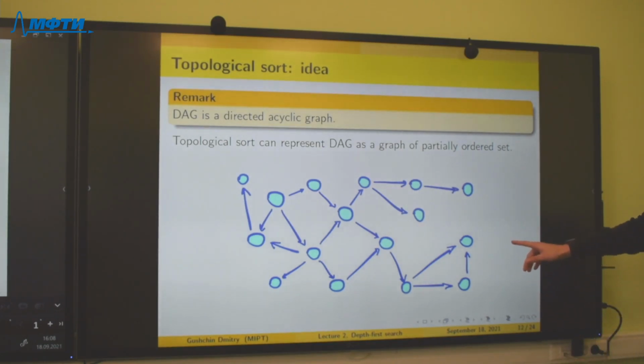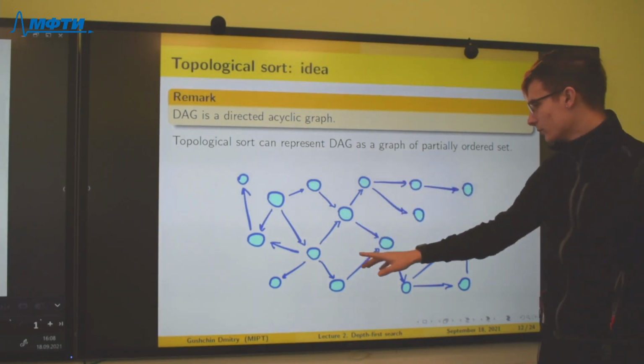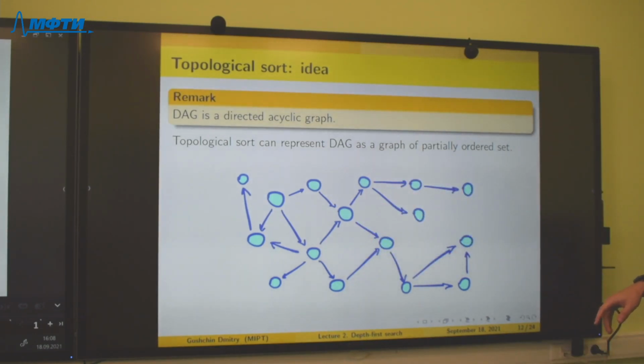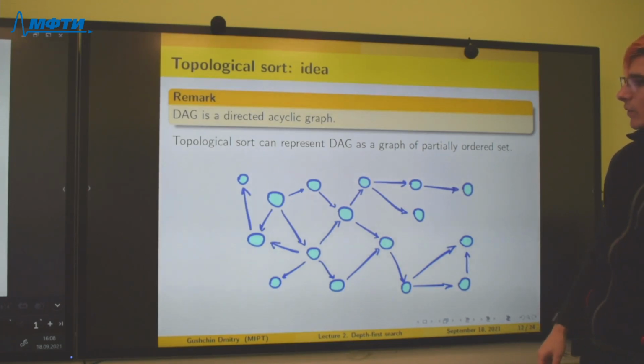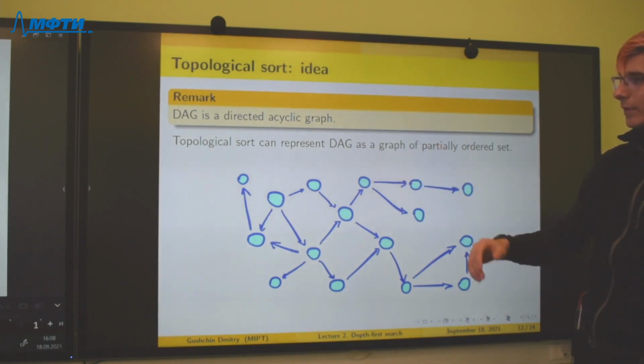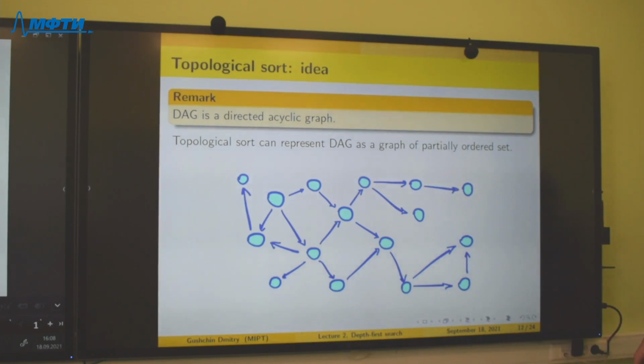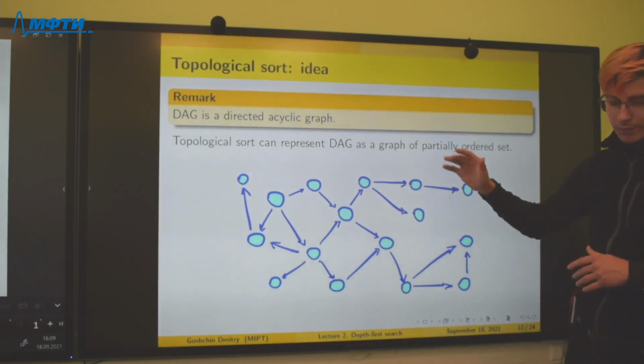And then we will see this graph has no directed cycles. And we want to represent this graph as tasks in order, when we use it to schedule our job tasks. And the solution of this task is named the topological sort.